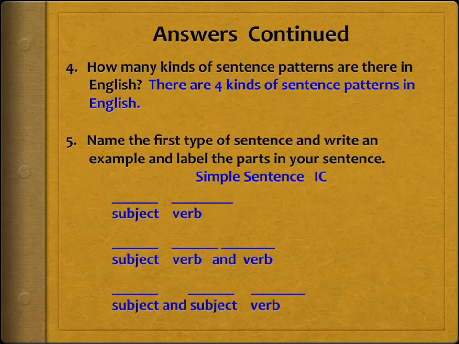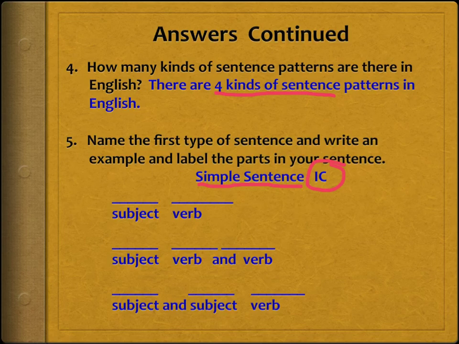The next questions. How many kinds of sentence patterns are there in English? There are 4 kinds. We have only looked at the first kind. So the next question is, what's the name of the first kind? It is a simple sentence. A simple sentence has one independent clause.